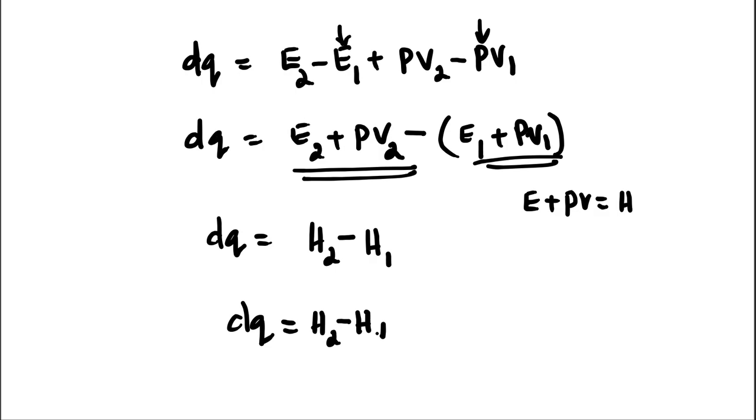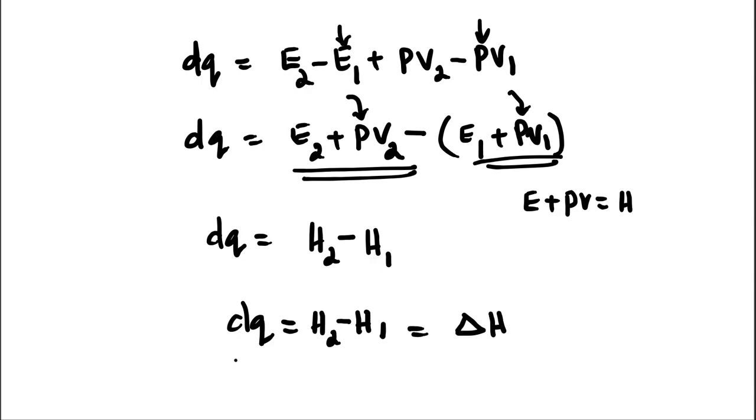So here the heat changes. Remember, in both cases I maintained a constant pressure, only T and V are changing. It's a constant pressure process. The heat change happening in this constant pressure process results in a change in a term called H, which is called enthalpy.